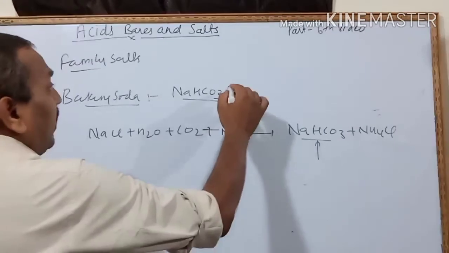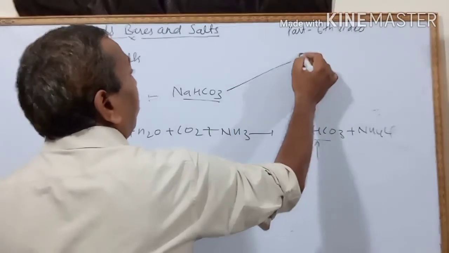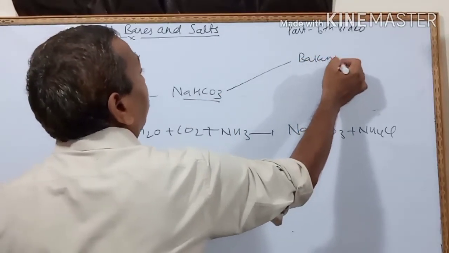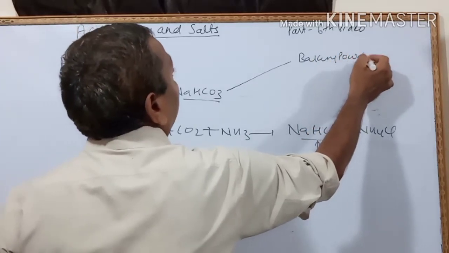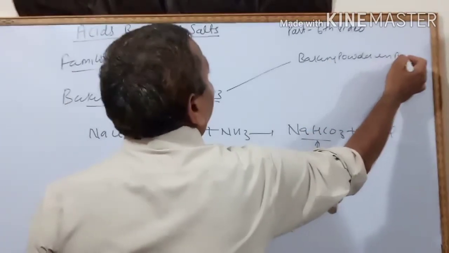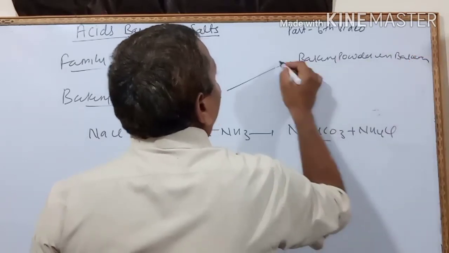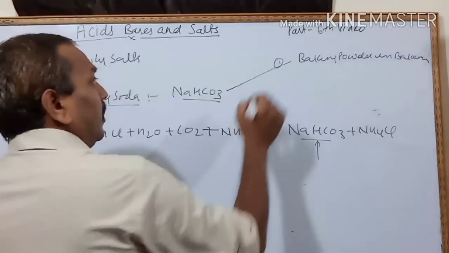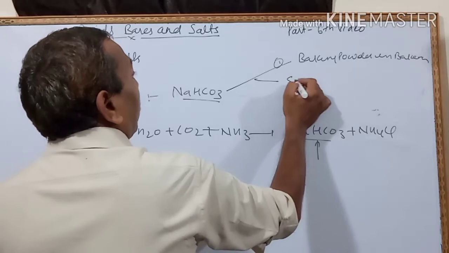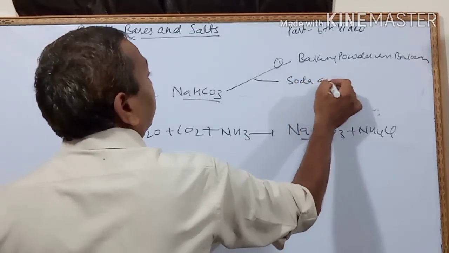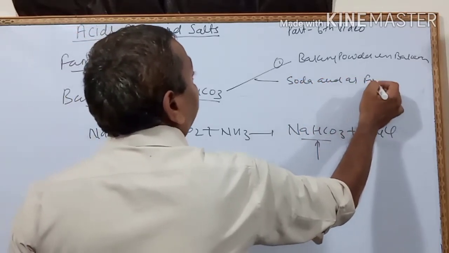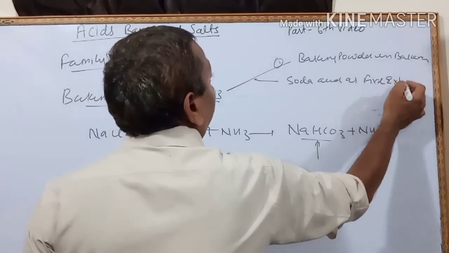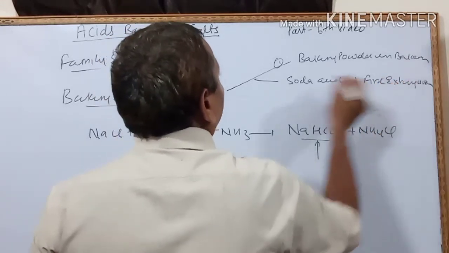Baking soda has many uses in baking powder in bakery, in baked items, and next, soda acid as a fire extinguisher.